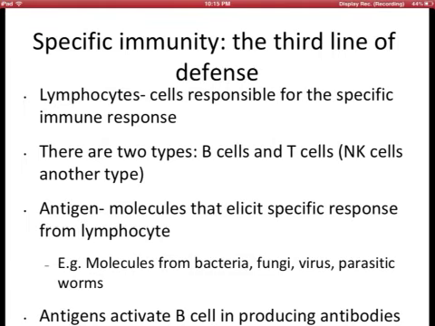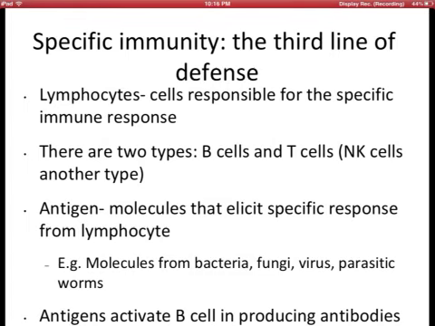Okay? Specific immunity, the third line of defense. Lymphocytes, these are cells responsible for the specific immune response. We have two types, the B cells and the T cells. Okay, so NK cells are another type of T cells. So, perforins din sila, hindi sila for phagocytosis.